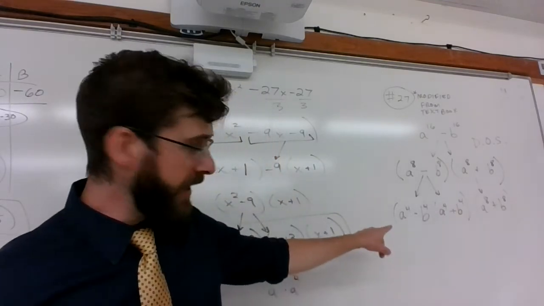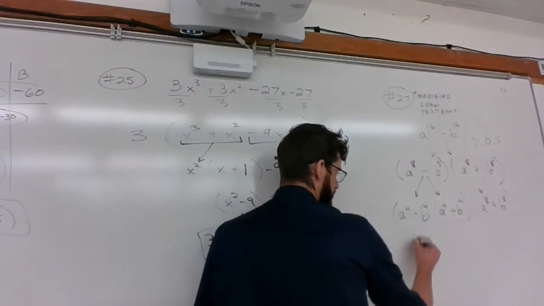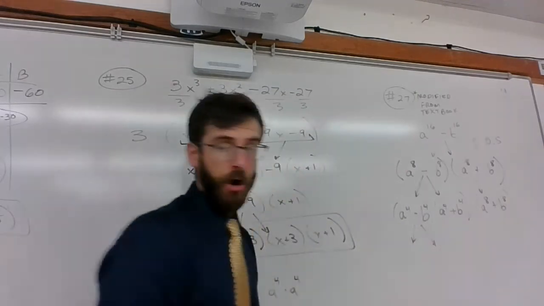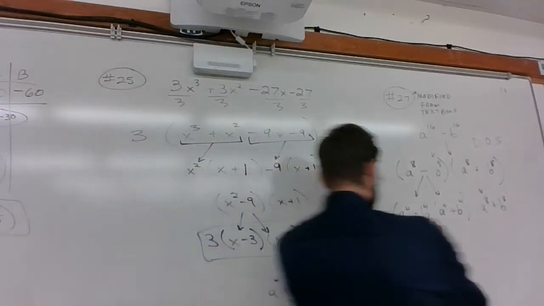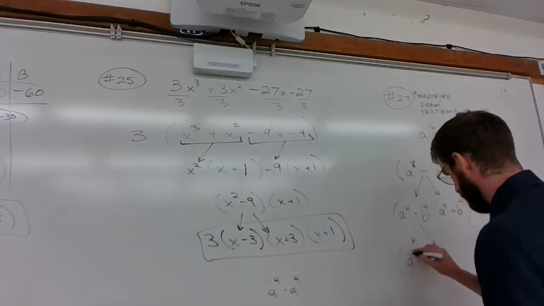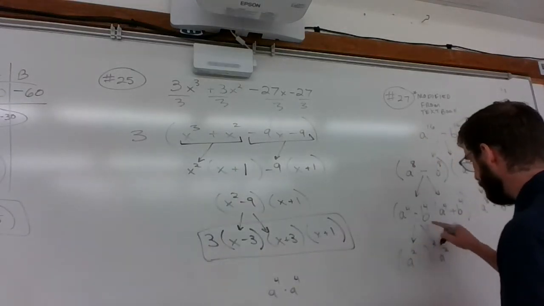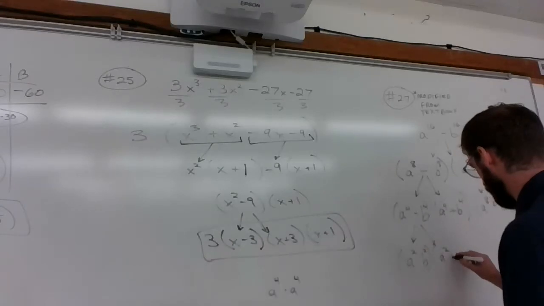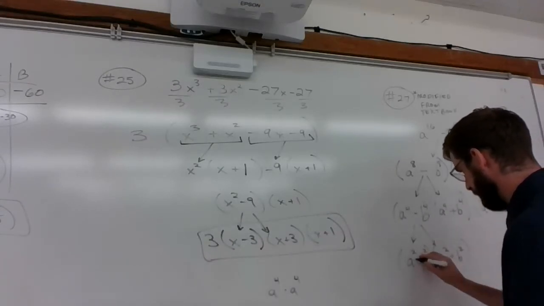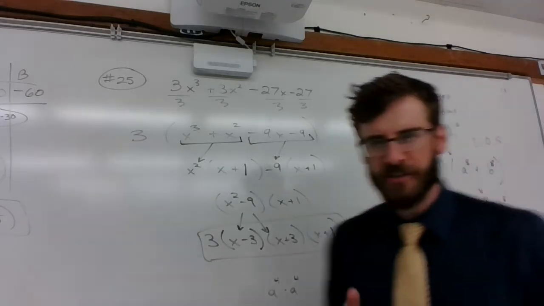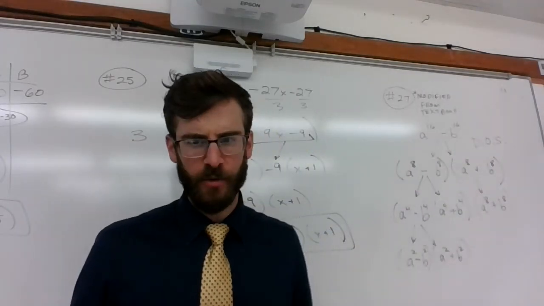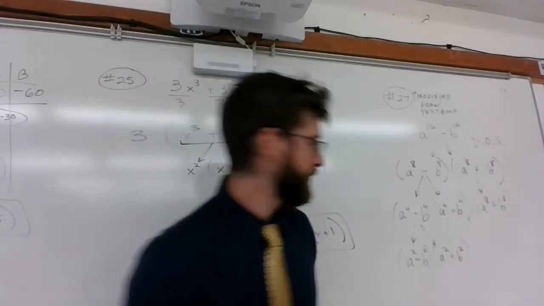Now the a to the 4th minus b to the 4th, these are also difference of squares. A squared times a squared gives me a to the 4th. B squared times b squared gives me b to the 4th. And then these two drop down as well. You know what? I think I'll just wait till the very last step to rewrite the whole thing in order, because we got one more factoring to go.